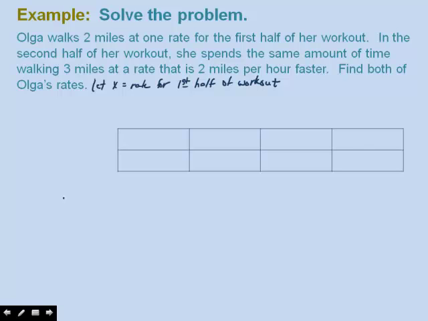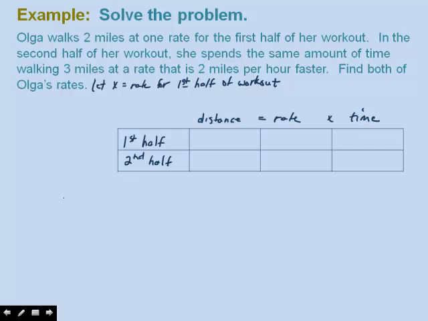Now let's fill in our table. So we have the first half of the workout, the second half of the workout, and we have distance, rate, and time for our three columns.